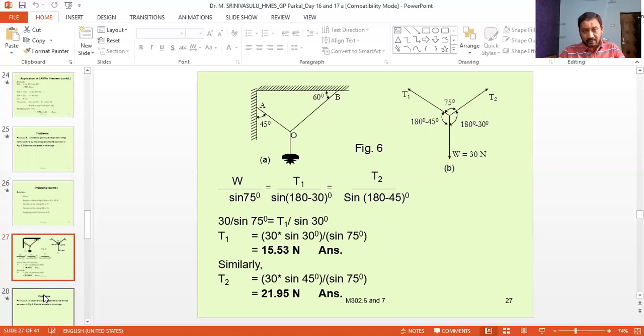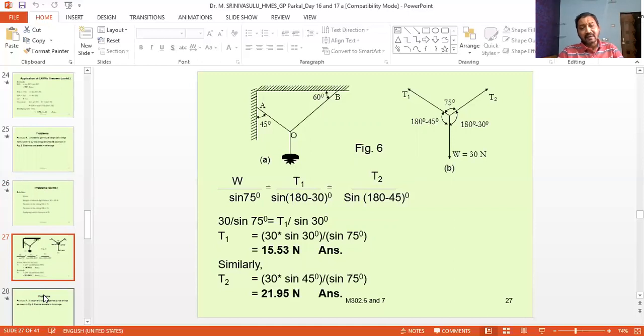Now, using the geometry of the given picture, AOB is one of the triangles. So the triangle is repeated as it is with the given angles, and with that we can find the remaining angles, and then we can apply Lami's theorem.